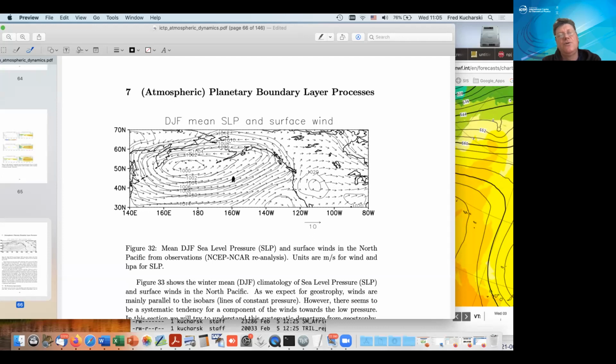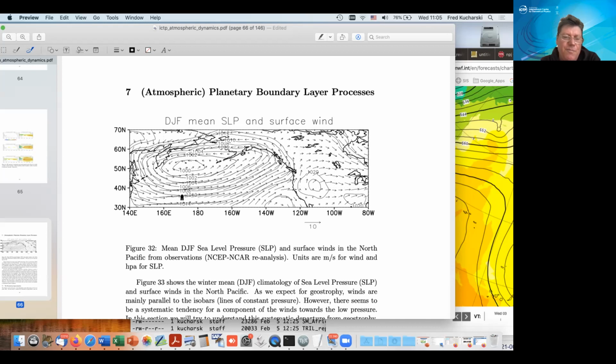So we have this Aleutian low situation, and the winds, as we know, should rotate according to the geostrophic balance in a certain way around this low pressure, exactly in this anti-clockwise sense. And that is what we see in principle.